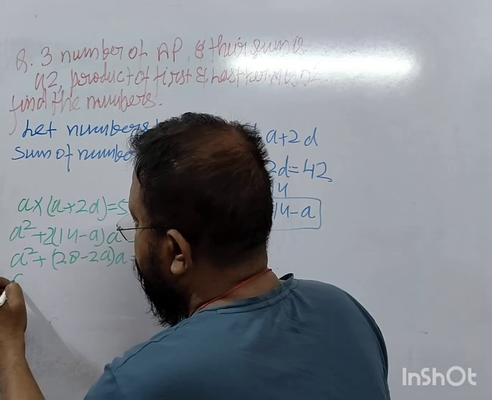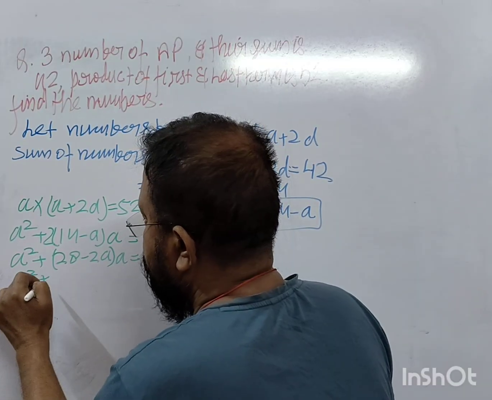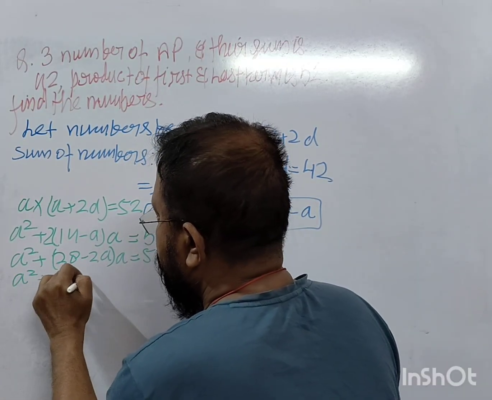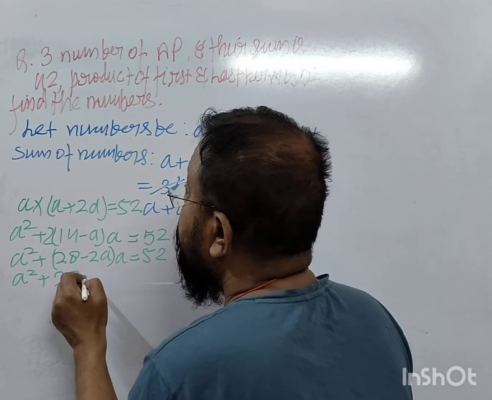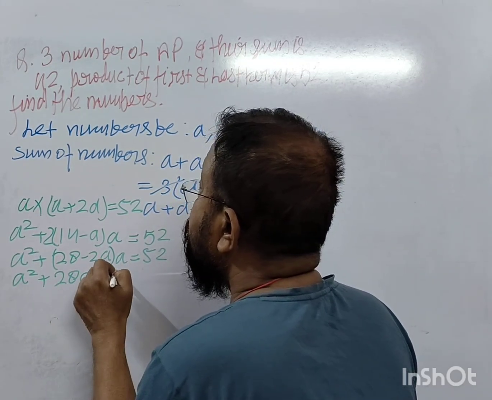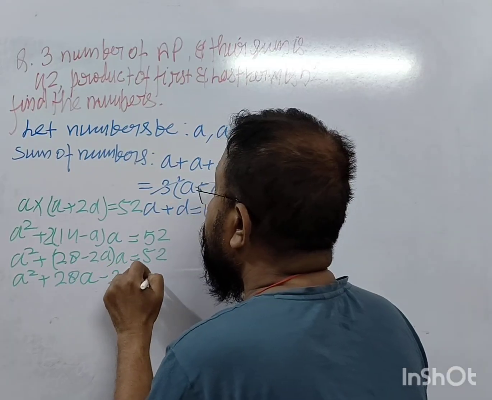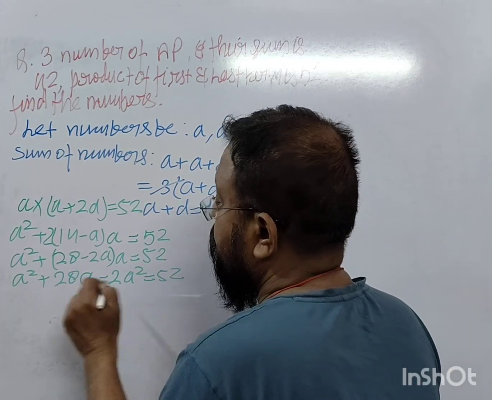Now you get a square plus 28 minus 2a square. Oh, 28a minus 2a square is equal to 52.